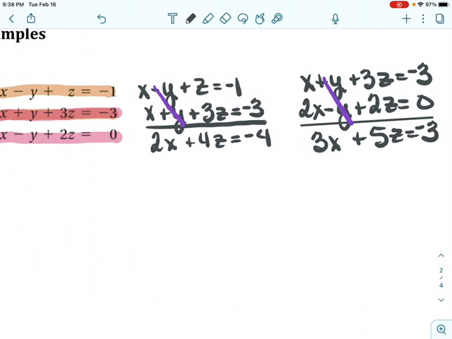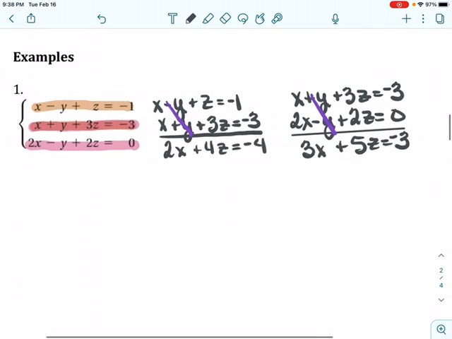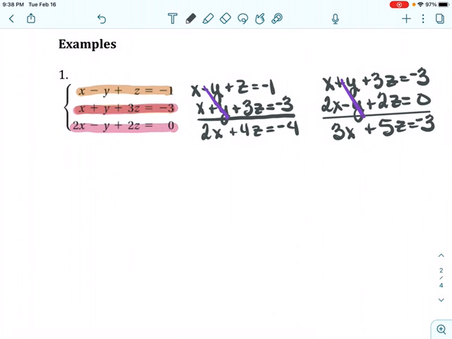Now, unlike the previous example, we didn't have 2 things cancel out. So now I have an equation with 2x plus 4z and 3x plus 5z. Notice they're both in x and z. So now I'm going to take those 2 equations and pick a variable and get rid of it.